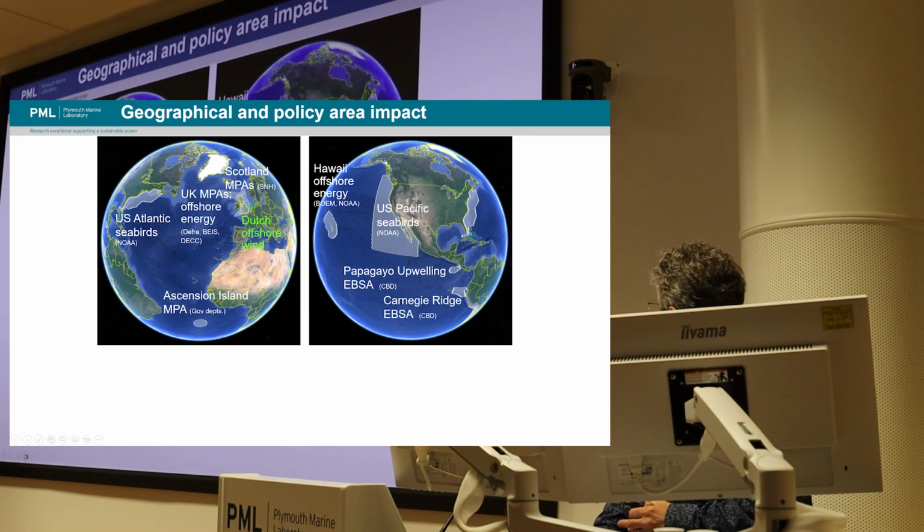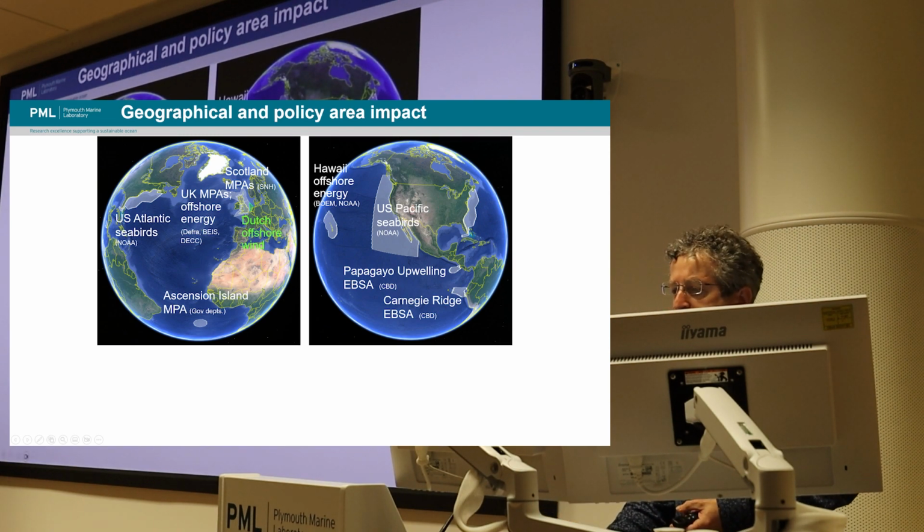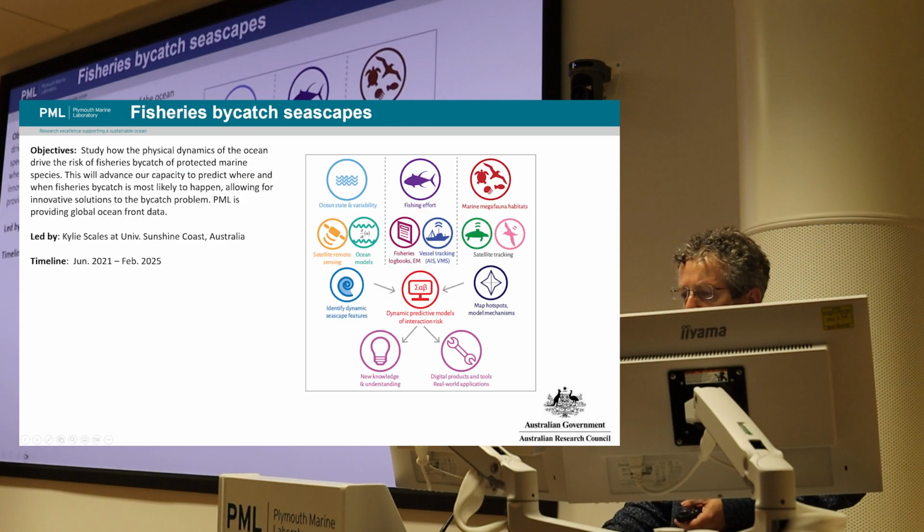Previously, there were some efforts to denote ecologically and biologically significant areas, and now I'm pleased that with the High Seas Treaty there's now a push for protecting 30% of the high seas, so I hope to be involved in that kind of guidance using ocean fronts.